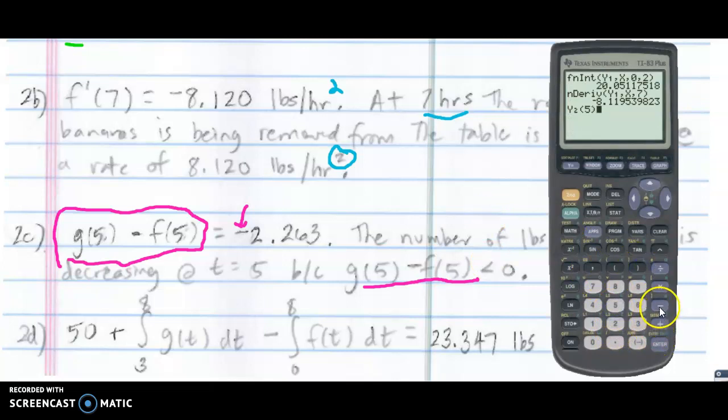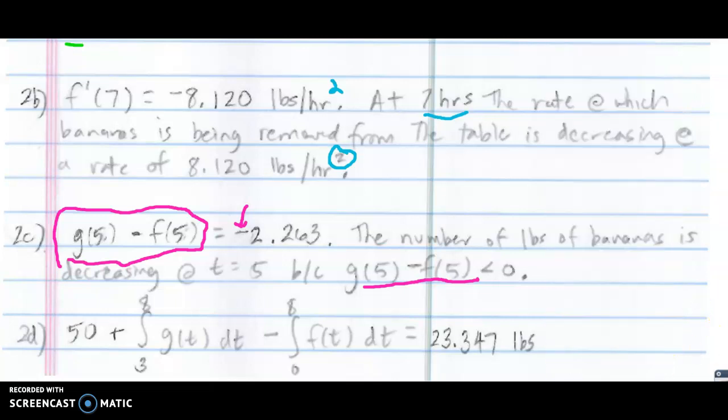Not derivative, because these are already rates. Minus Y1 at 5, and you get negative 2.263. And so that's how I got my number.